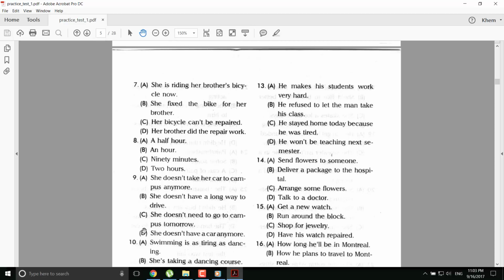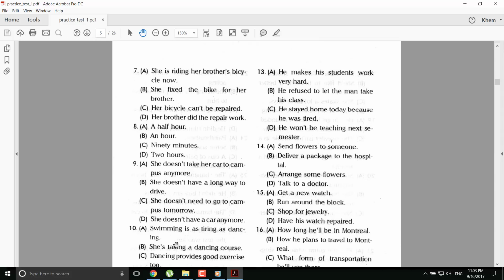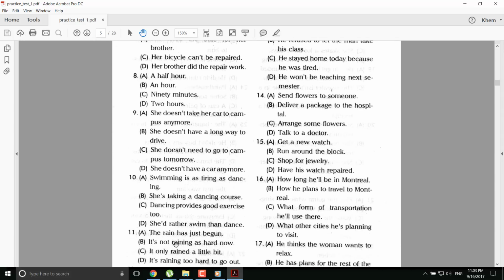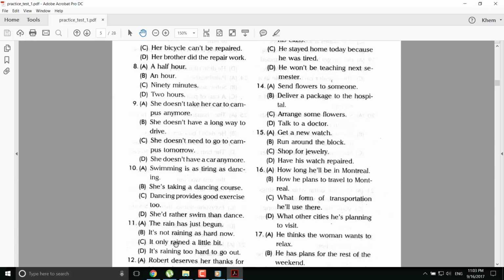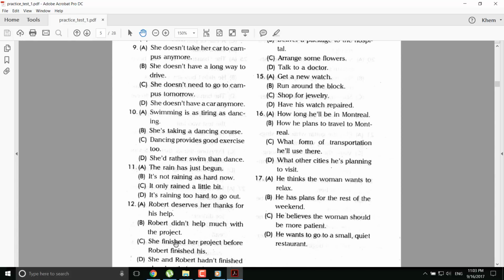"How will you get around once you get there?" What does the woman ask the man? Number 17. "I'm exhausted. I can't wait for the weekend to get here." "Need a little rest, do you?" What does the man mean?